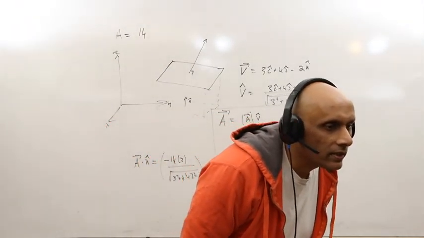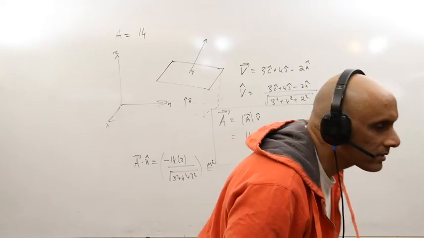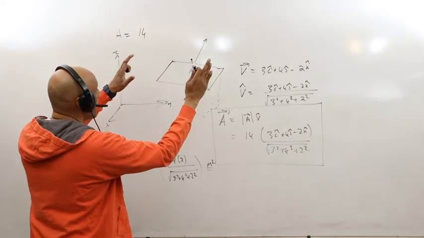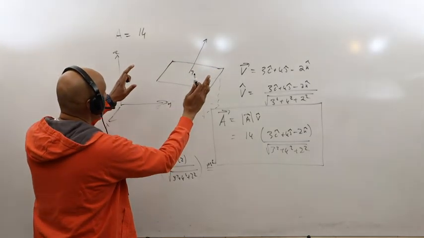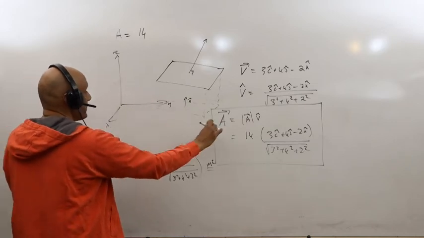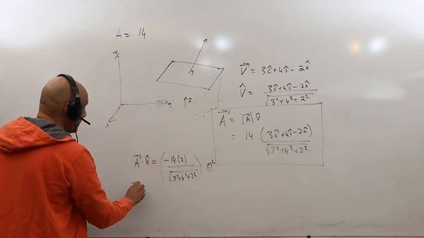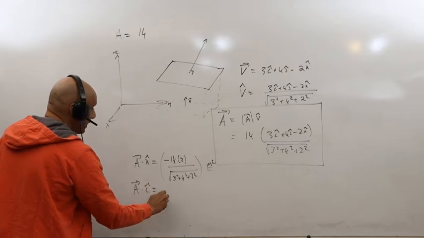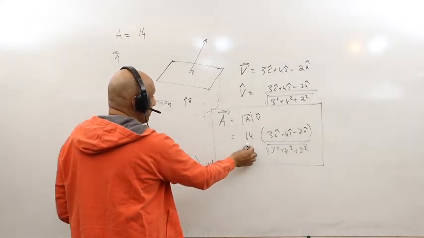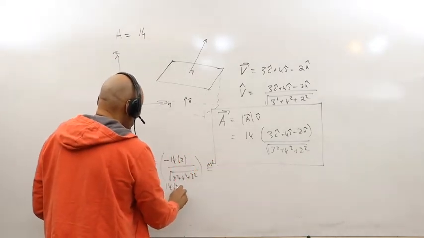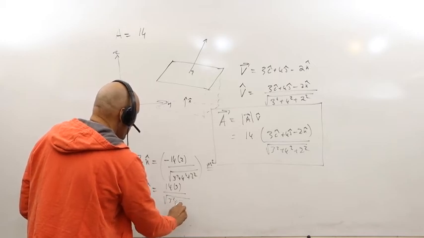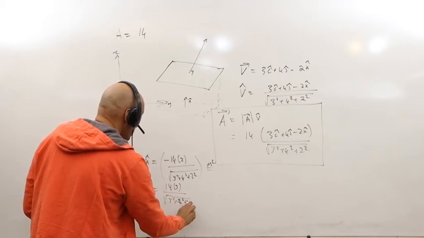Similarly, if I want to find the yz projection, I'm taking this rectangle and projecting it into a parallelogram in the yz plane. Notice perpendicular is x, so it's really the x component, the i component. The i component would be 14 times 3 over the square root of 3 squared plus 4 squared plus 2 squared.